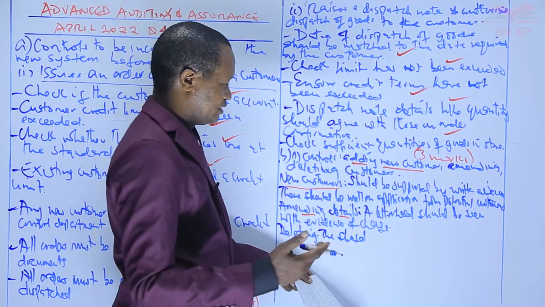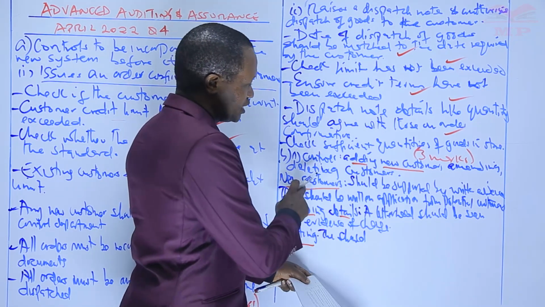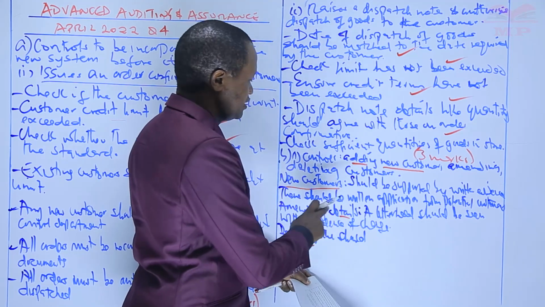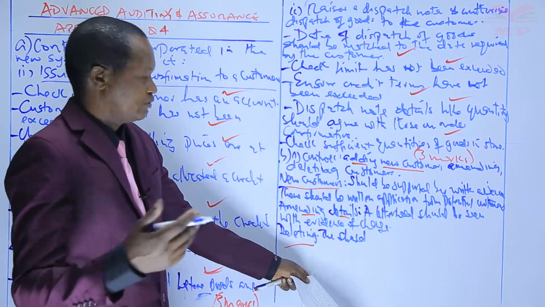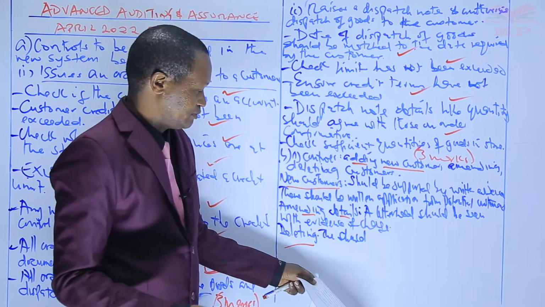Deleting, just like when adding new customers, we say there should be written evidence, there should be written application from the potential customers that they would want to be included in the system.